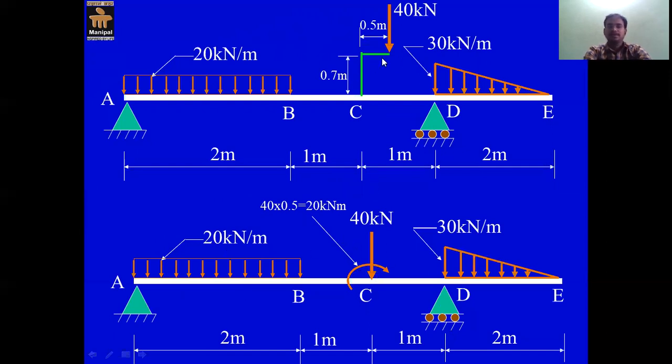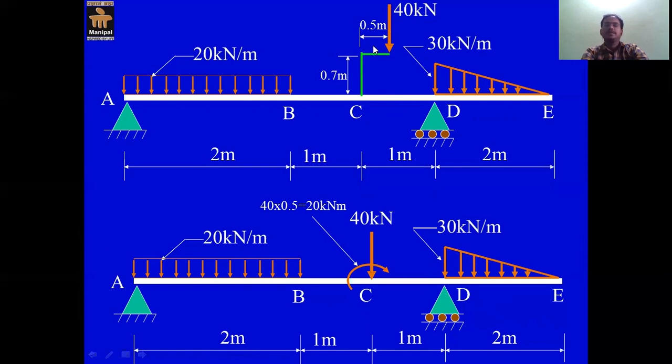It is given like this. It shows that you have a 40 kilonewton force acting at the point C. By the principle of superposition, we can include two forces, up and down, here.